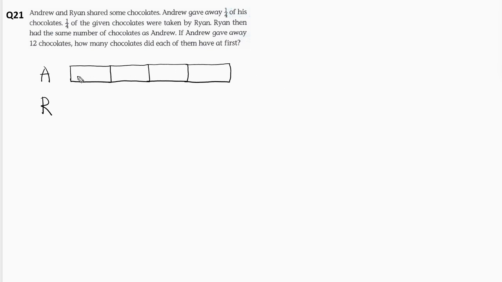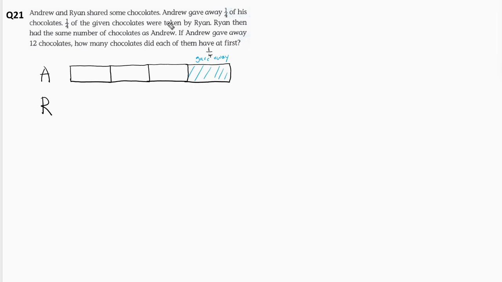So this is what Andrew had at the beginning, and he gave away a quarter. This is what he gave away, this quarter of what he had at the beginning. We can color that in if we like. So this is what he gave away.